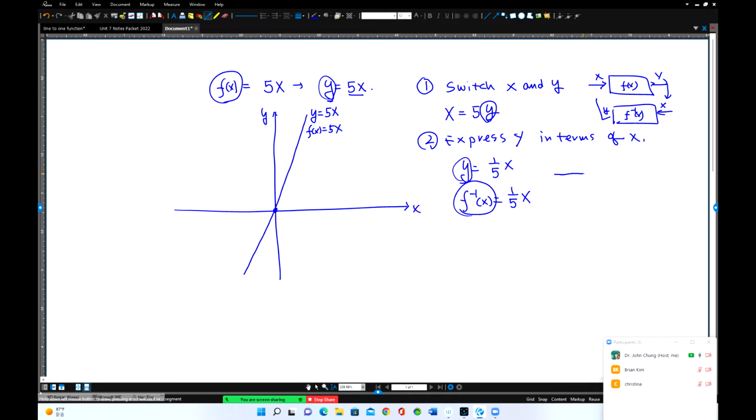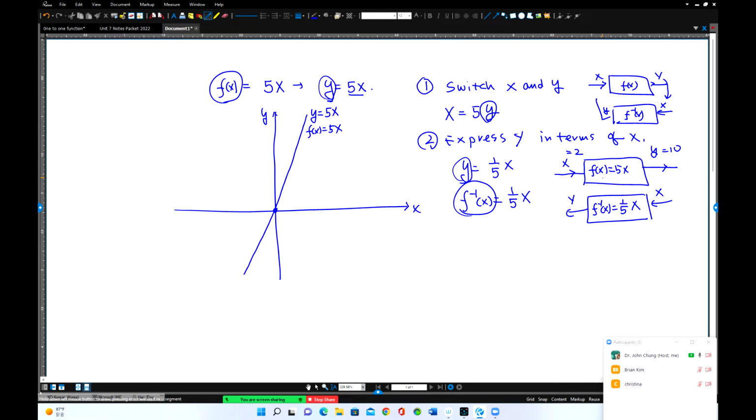So the graph looks like, again, I'm going to write this one. f of x equals 5x when you have input x and output y. Now backward over here, this is now x, this is y, and it looks like 1 over 5 x. Maybe you can use x is 2, y is how much? 10, right?